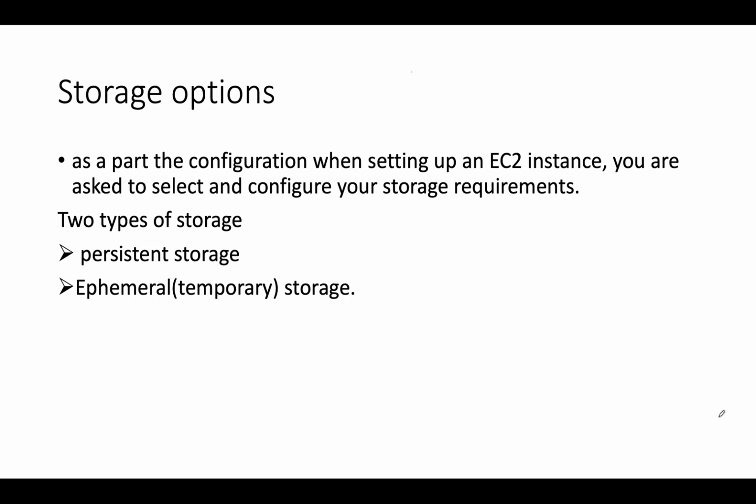The data on EBS volumes is automatically replicated to other EBS volumes within the same availability zone for resilience, which is managed by AWS. You can disconnect an EBS volume from your EC2 instance and the data will remain intact, allowing you to reattach it to another EC2 instance if required.